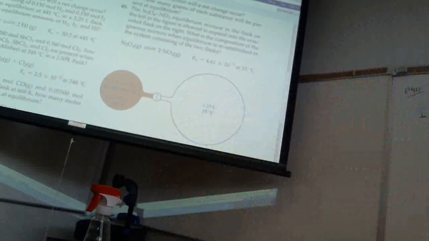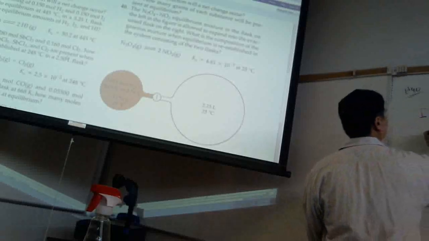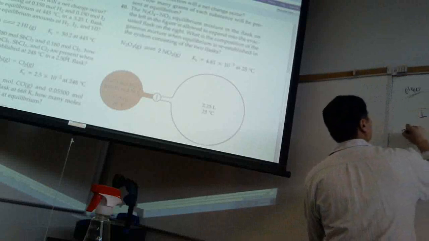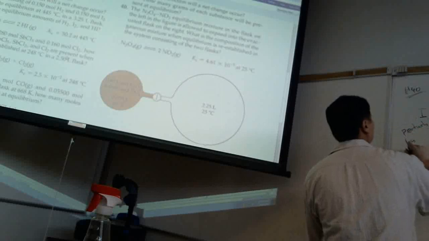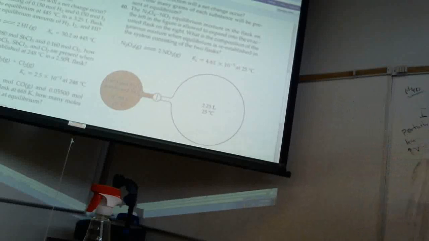Okay, now we're going to perturb it by increasing the volume. So this was the original moles per liter, but now we have 0.971 moles divided by a bigger volume.